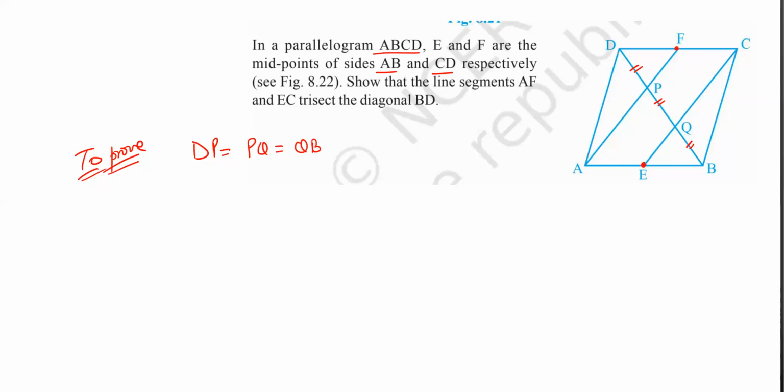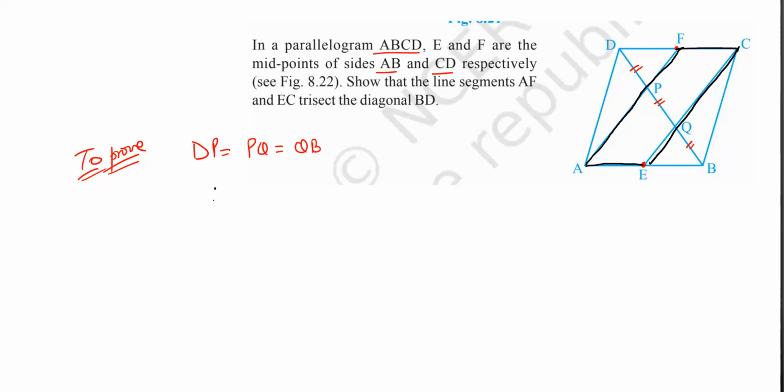Take this triangle. First take this side and this side, okay? Since you know that in quadrilateral, F is the midpoint.